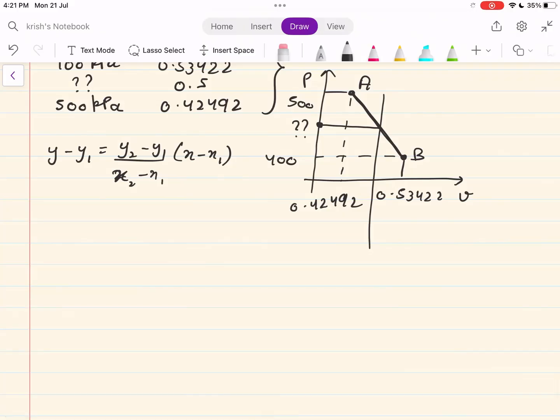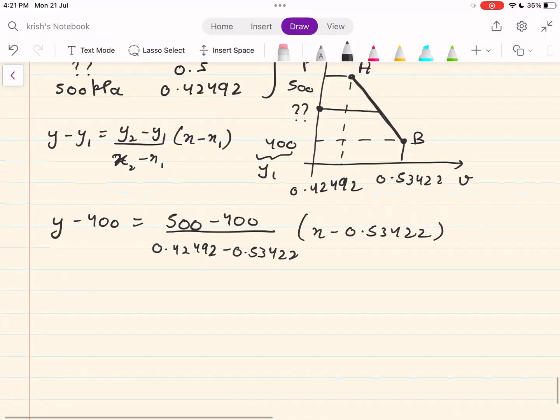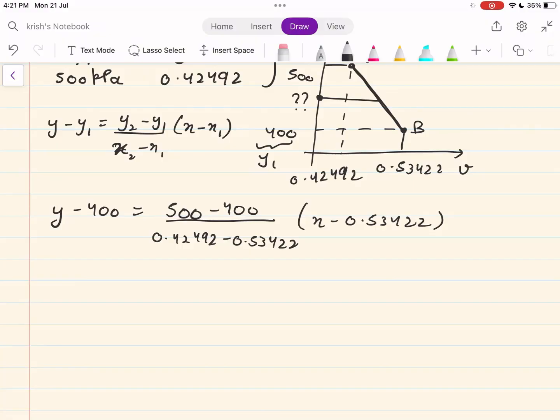So y minus 400 equals 500 minus 400 upon x2, the value corresponding to 500, 0.42492, minus x1, which is 0.53422, into x minus x1, and x1 was 0.53422.